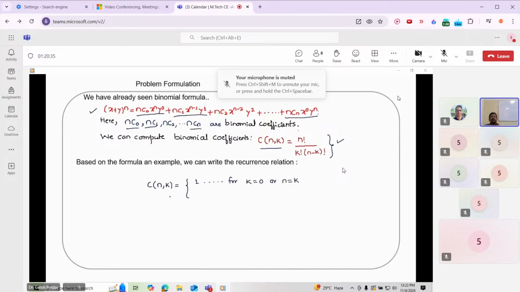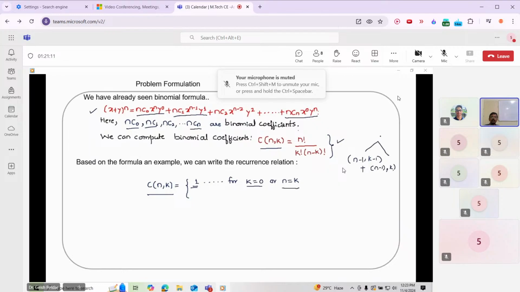Okay, so C of n, k will be equal to what? 1 when the value of k is 0, or when n is equal to k. All right, correct. This is what we had seen. Then otherwise, if you look at the tree, what was happening in one phase, n minus 1, k minus 1 was happening in one group, and it was summed up with what? n minus 1 and k, isn't it?